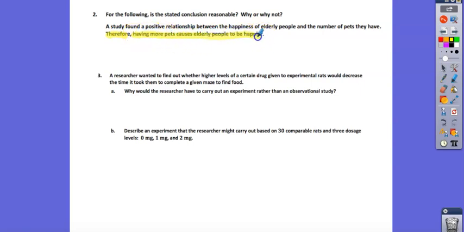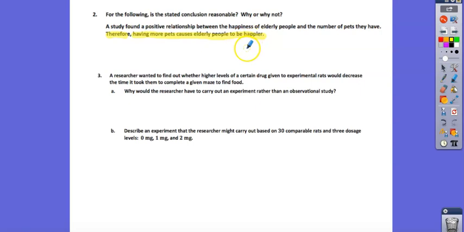What do you think here? Is this an observational study? This sounds like an observational study, so you cannot do this. You can't say it's cause and effect.